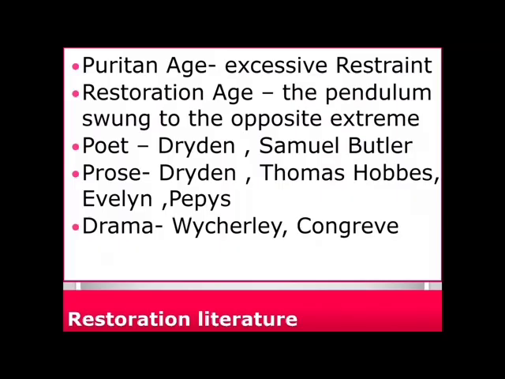There were so many poets, prose writers, and dramatists. For example, Dryden and Samuel Butler are famous poets. Dryden, Thomas Hobbes, Evelyn and Pepys are famous prose writers. Wycherley and Congreve are known for their dramas.